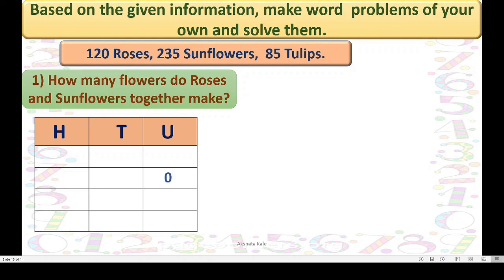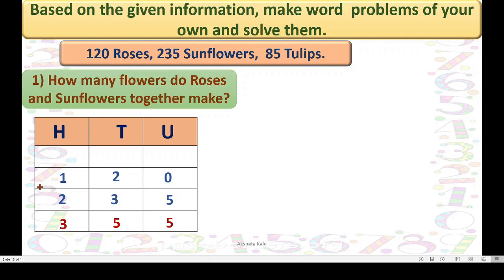We will write 120 roses, okay, that 235 sunflowers. This is addition, remember. 0 plus 5 in the unit place is equal to 5. 2 plus 3 is equal to 5. 1 plus 2 is equal to 3. So 355 flowers are there, that is together, roses and sunflowers.